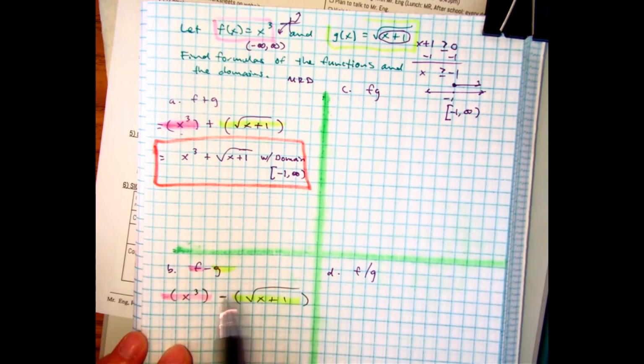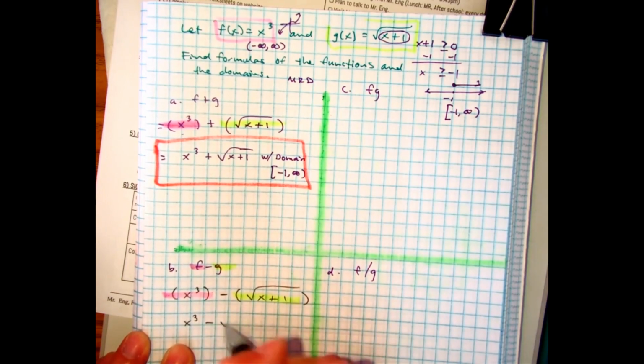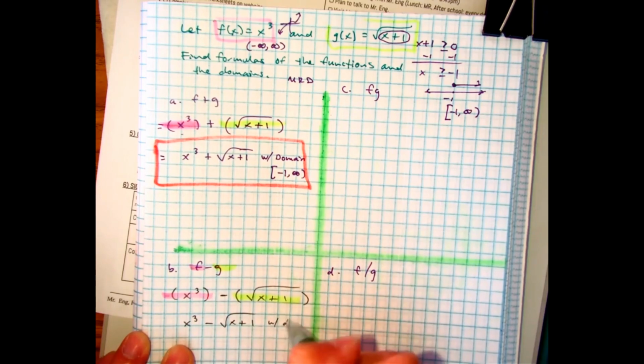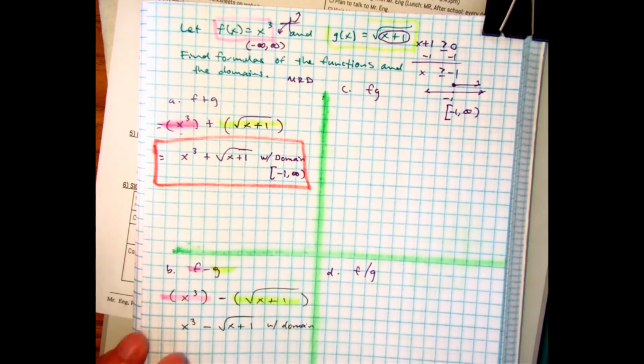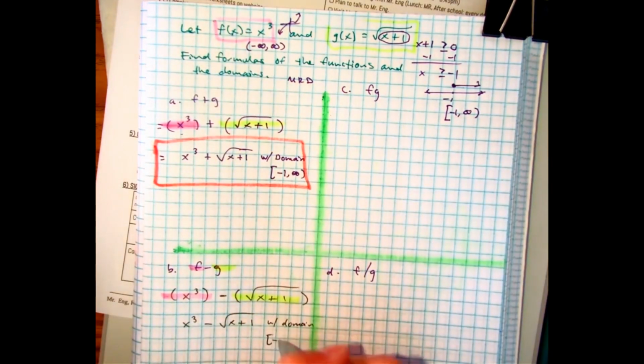Well, I have nothing to distribute to. Do you see this? You can't distribute inside the radical sign. So my answer is x cubed minus the square root of x plus 1 with a domain of what? Which one's the most restrictive? The yellow. Yeah, the yellow one. So negative 1 to infinity.